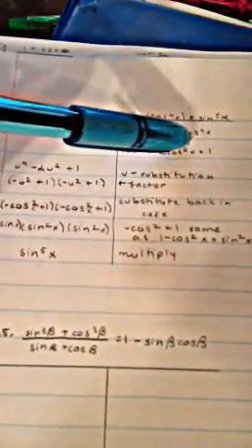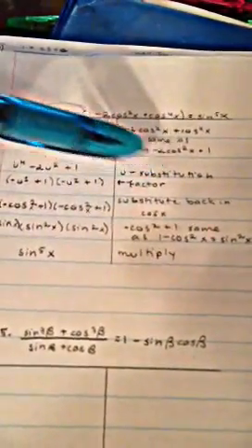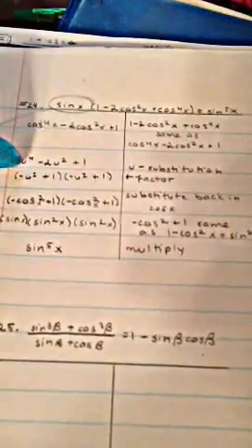And I know that 1 minus 2 cosine squared of x plus cosine to the fourth of x is the same as cosine to the fourth of x minus 2 cosine squared of x plus 1. And so I'm just going to substitute in u because I don't really want to deal with the cosine right now. It just makes things look a lot harder than they really are. So I'm going to substitute the cosine with u. So I have u to the fourth power minus 2 u squared plus 1.